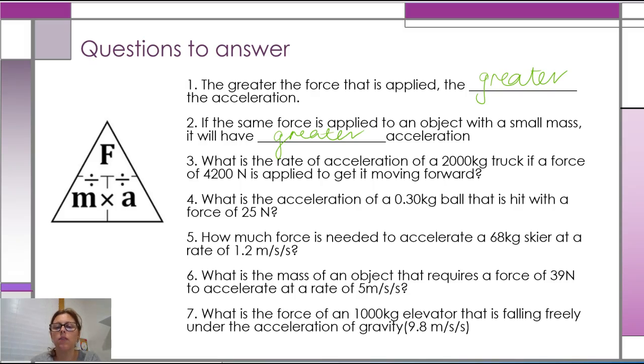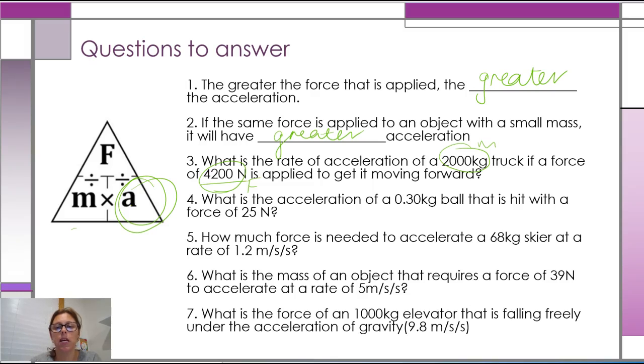What is the rate of acceleration of a 2,000 kilo truck? So we've got that's mass. If a force of 4,200 is applied. So the first thing we need to work out is what am I wanting to find? And in this case, it says what is the acceleration? I'm wanting to find the acceleration. So we cover that up. So put your finger over that and we're left with force divided by mass.